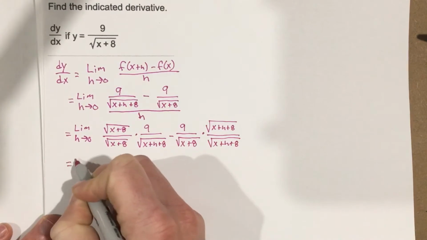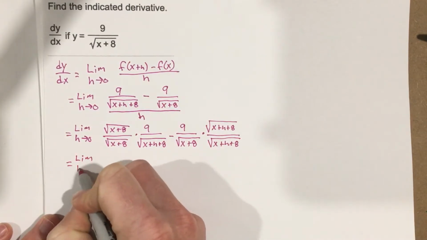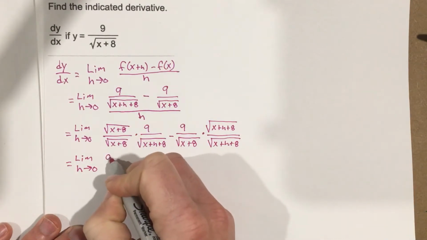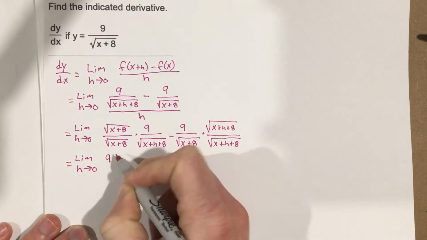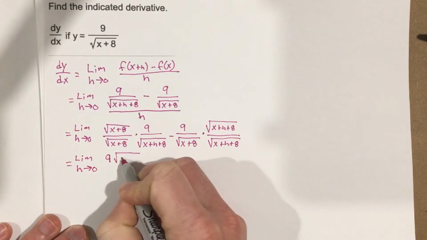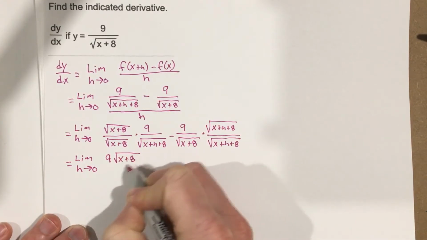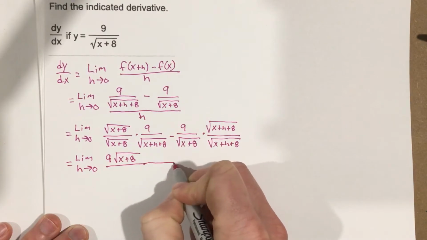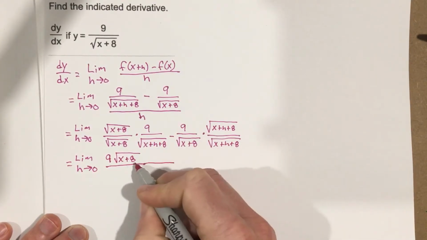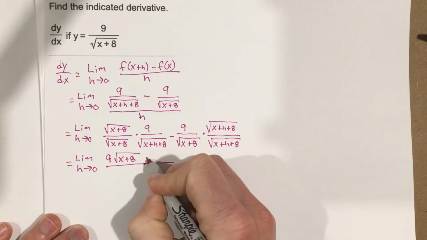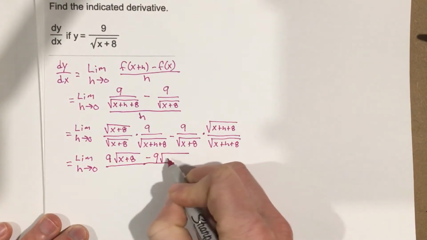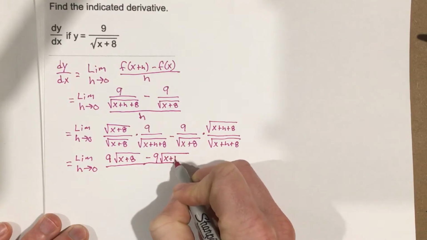So we end up with limit as h approaches 0. This will end up with 9 root x plus 8 minus 9 root x plus h plus 8.